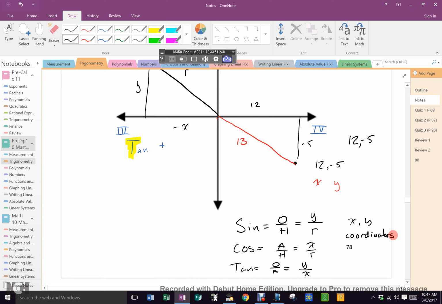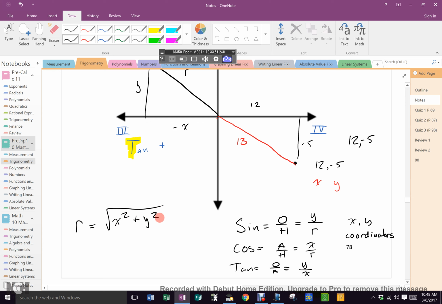Right? And what is R? Square root of what? How did we find R here? Square root of x squared plus y squared.